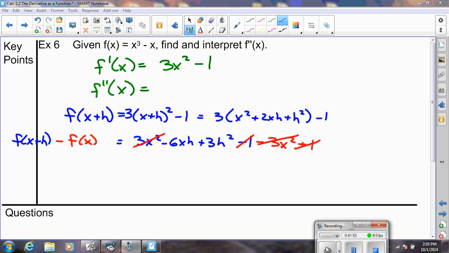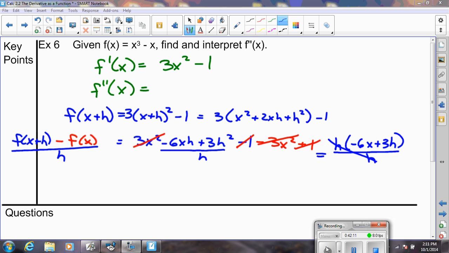Well, when we extend this further and say over h, you'll notice that we could factor out an h from the numerator, giving us 6x plus 3h over h, which would just cancel.